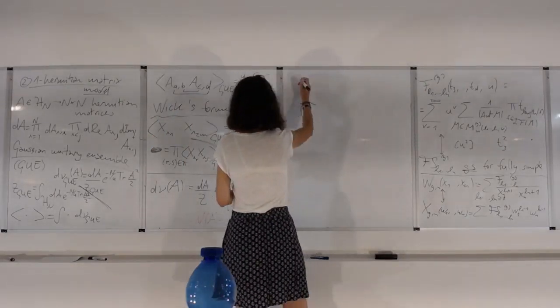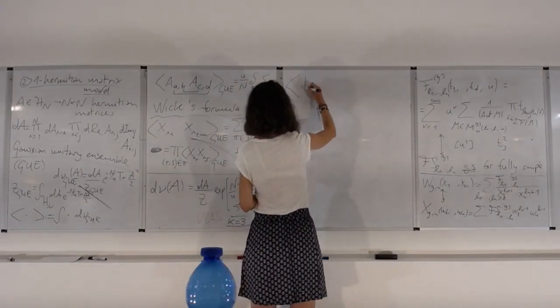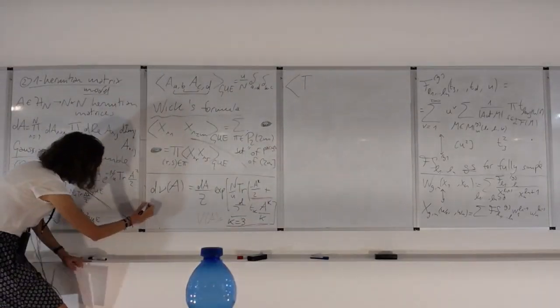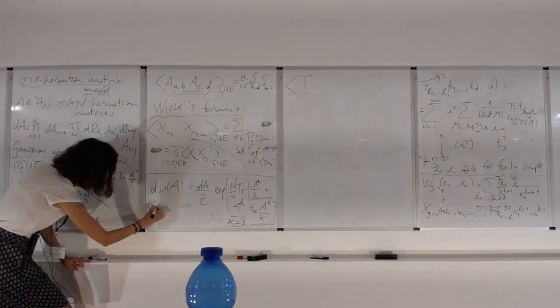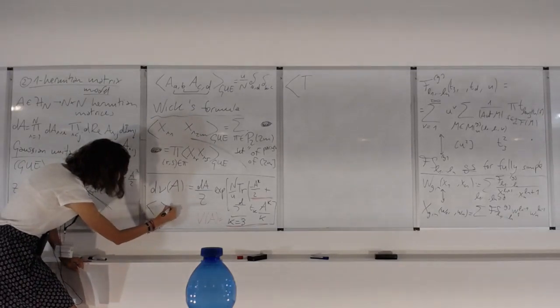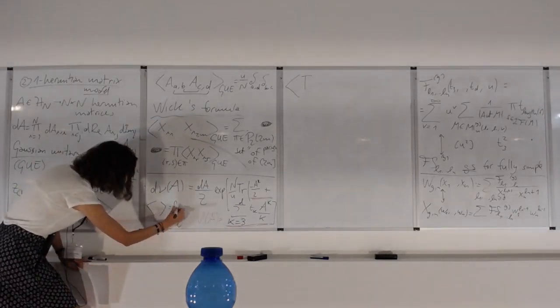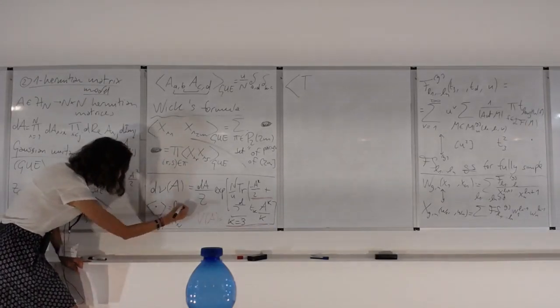Okay, so now we compute. I didn't say what this is. Now I'm just calling triangle brackets the expectation value of whatever you put inside with respect to this measure.